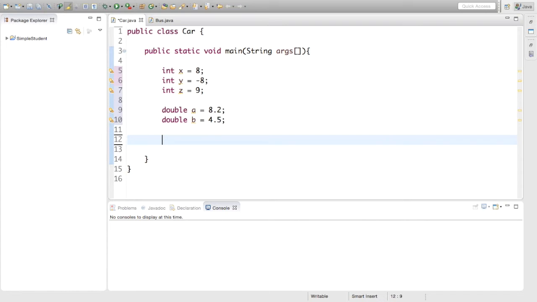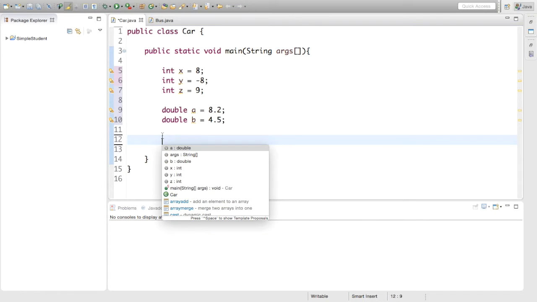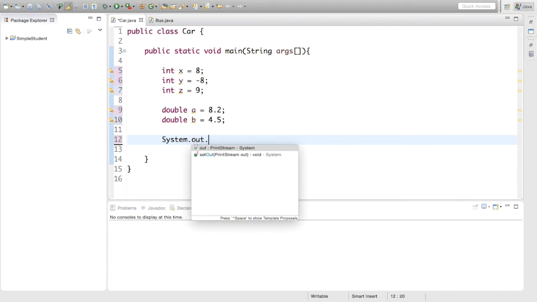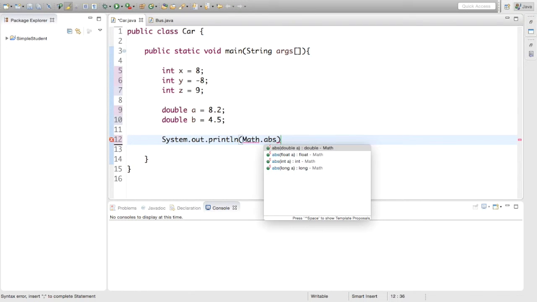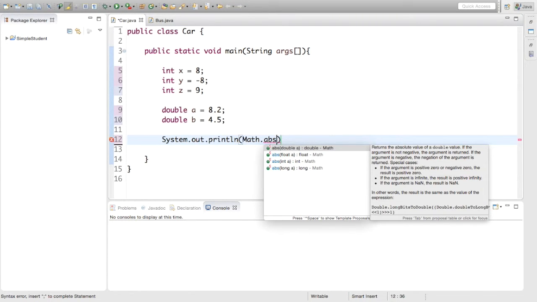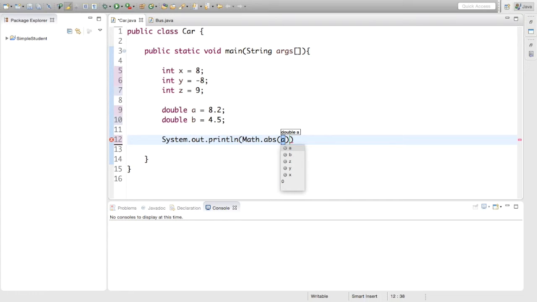So the first one we're going to look at is the absolute value method. We're just going to use a print statement to show these working. So we're going to say System.out.println, and we can just put this inside this. We can just say Math.abs. So this gets the absolute value of anything. If you don't know what the absolute value is, it's basically just the positive of any number.